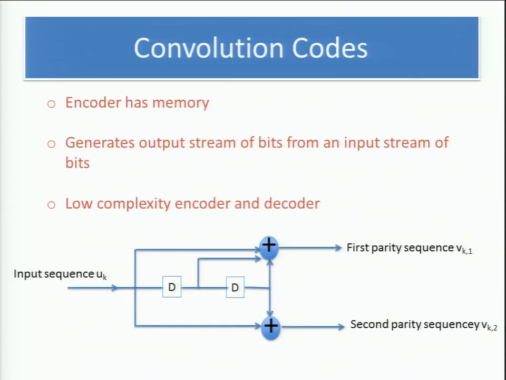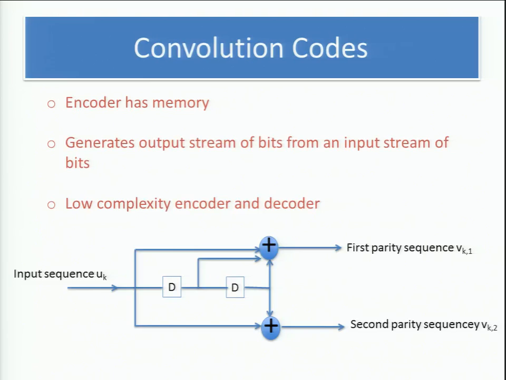Now how am I generating the parity sequences? u_k plus u_{k-1} plus u_{k-2} is one parity sequence as this sequence keeps coming. And the second is u_k plus u_{k-2}. So these are the two parities I have generated.